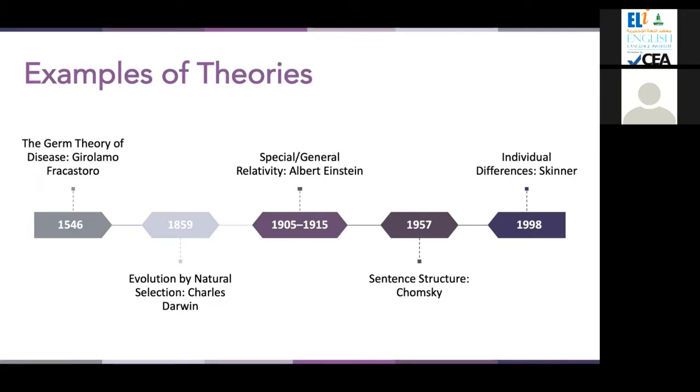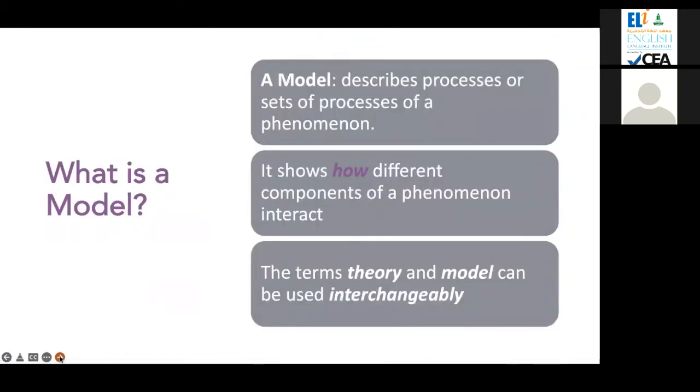So the individual differences theory came to give an explanation why learners are different when it comes to reading comprehension. We have also the special and the general relativity theory in physics by Albert Einstein. So these are some of the famous examples of theories across disciplines.